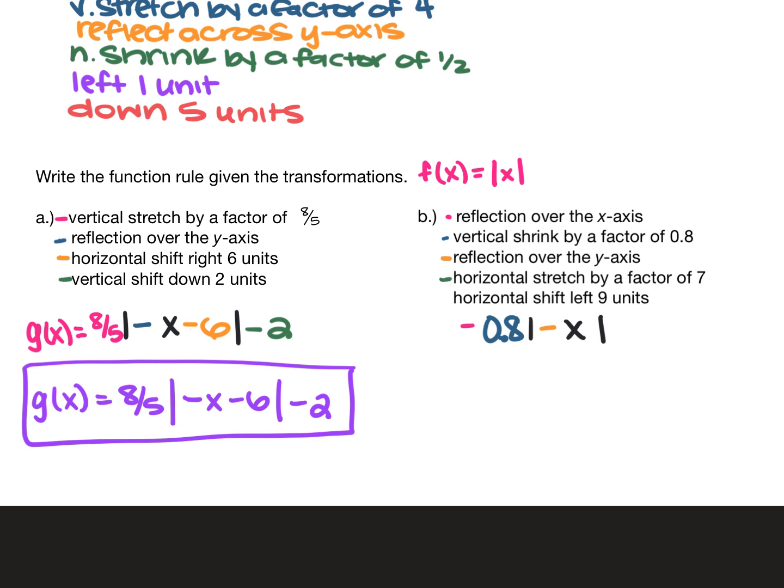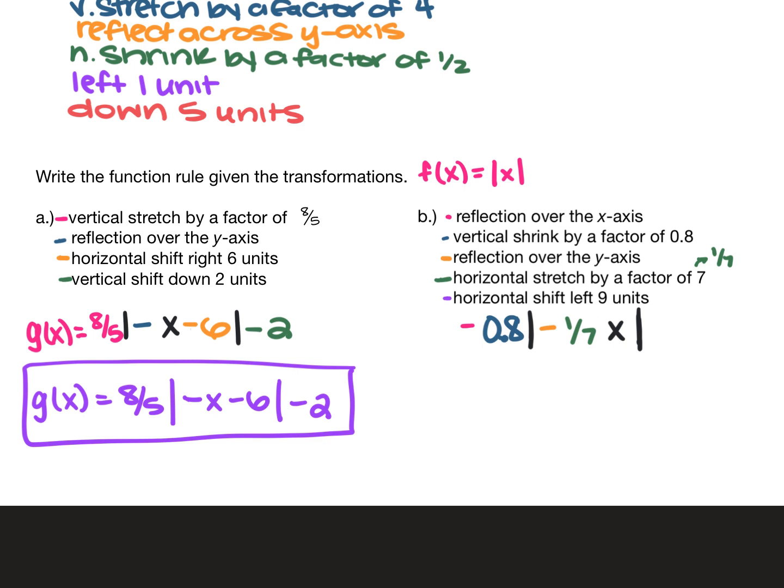Next, we are horizontally stretching by a factor of 7. So since it's horizontal and we're stretching, we're taking the reciprocal of this to be 1/7, and that 1/7 is going to be in front of the x. So it's going to go after the negative, but in front of the x inside the absolute value. So we're going to have the opposite of 1/7 times x inside. Lastly, we are horizontally shifting to the left 9 units.